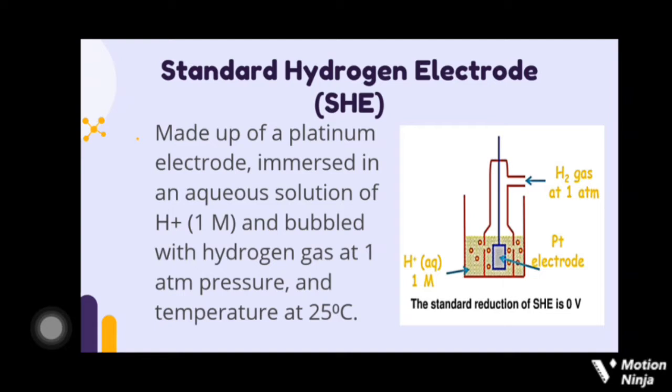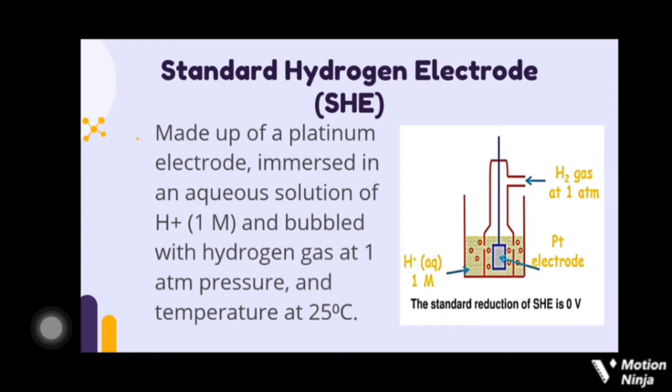Okay, let's proceed. Now we are going to dig down. We are going to tackle the standard hydrogen electrode, or SHE. It is made up of a platinum electrode immersed in an aqueous solution of hydrogen ion with 1 mole and bubbled with hydrogen gas at 1 atm pressure and a temperature of 25 degrees Celsius.